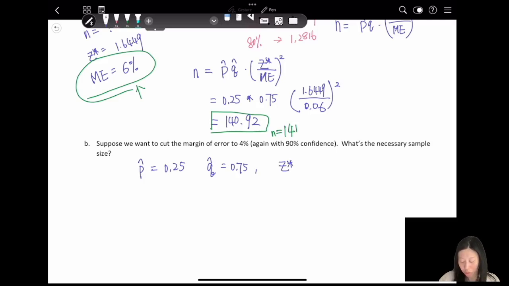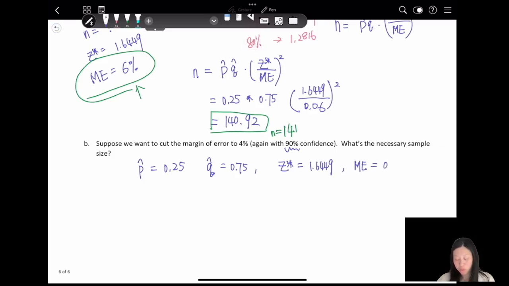Oh, hold on, I'm sorry. The critical z-score, since it's also 90%, will remain the same, 1.6449. And the margin of error is going to be 4%. So n uses the same formula.